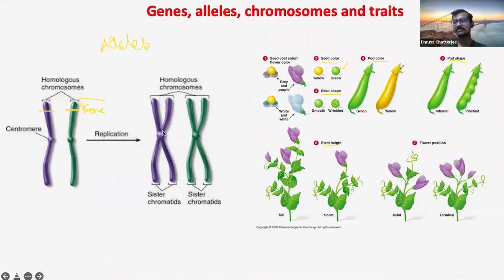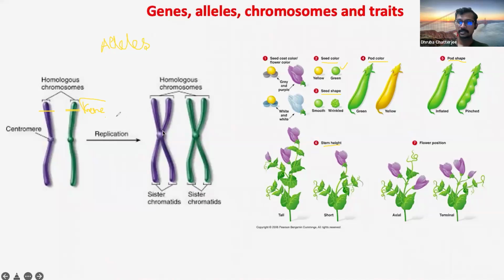Now, how do these different alleles eventually lead to these different phenotypes, that we will try to understand in one of the very classic Mendel's experiments, which is called the monohybrid cross. As per our current understanding, if you remember the cell cycle, then in mitosis, or equational division, or in meiosis, which is even more important to understand in this case, because meiosis is the type of cell division which is involved in generating your gametes, right?